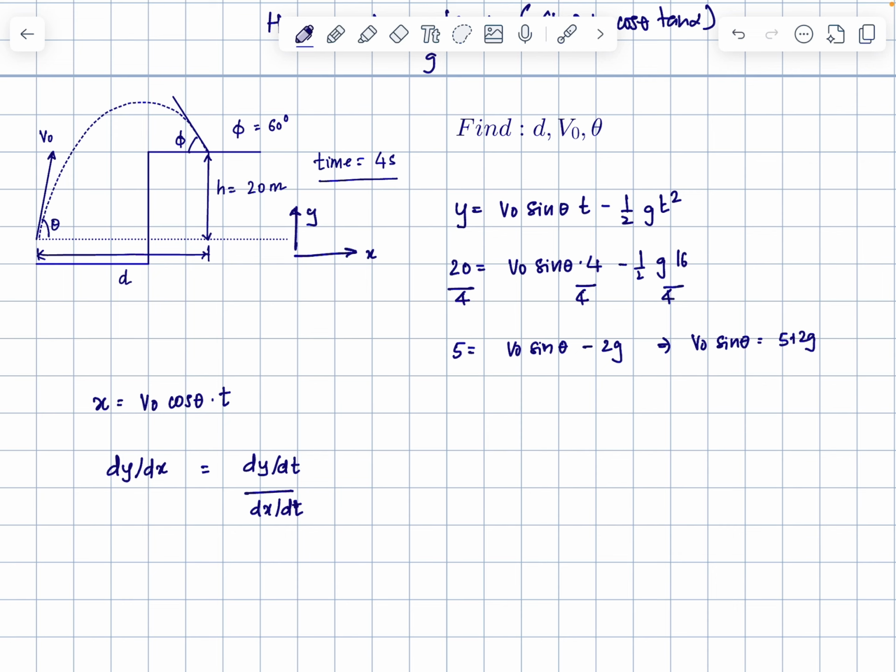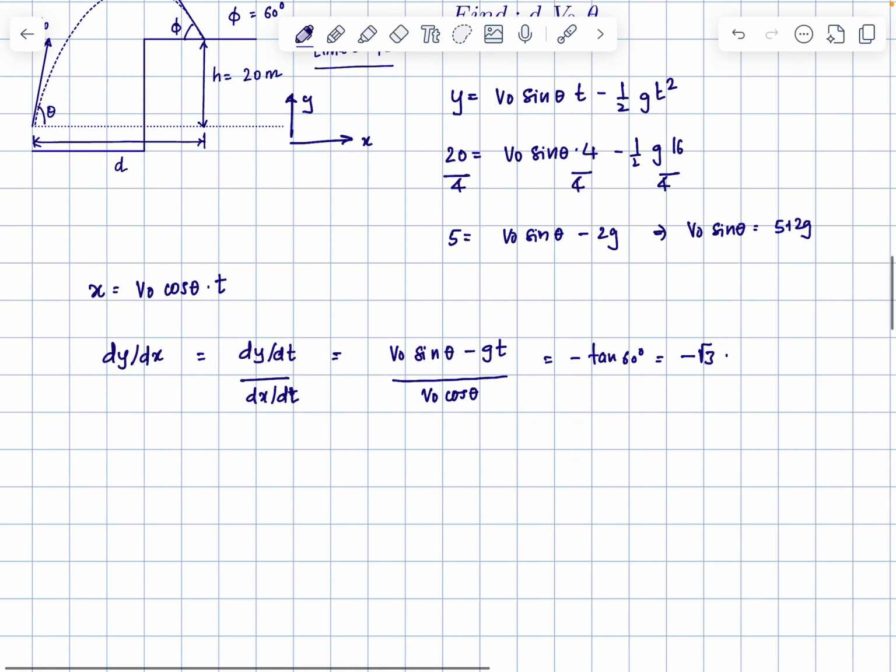And dy over dt is v0 sine theta minus gt, and dx over dt is v0 cosine theta, and the slope here at t equals 4 seconds is negative, and that is equal to negative of tan 60 degrees, which is negative square root of 3.